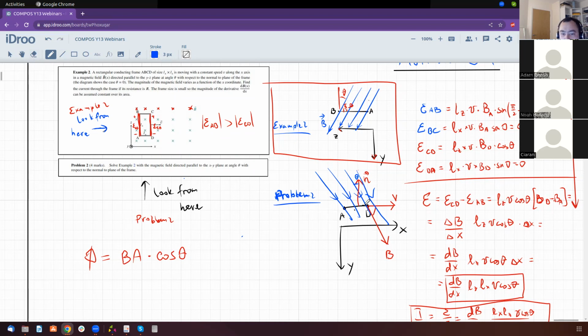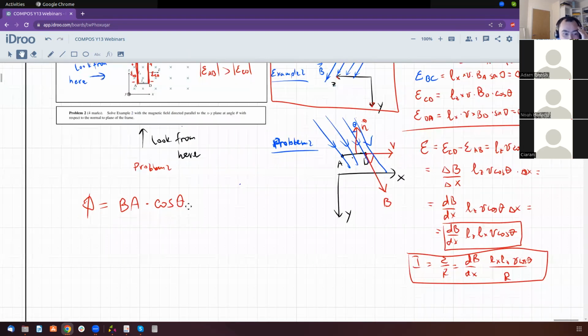All right. Don't look at the fact that it's pi minus theta, because you might as well just direct n downwards. Right. So the flux going through the loop is BA cos theta.